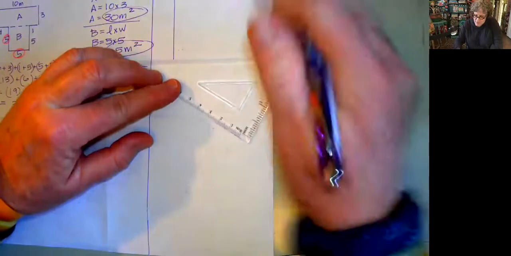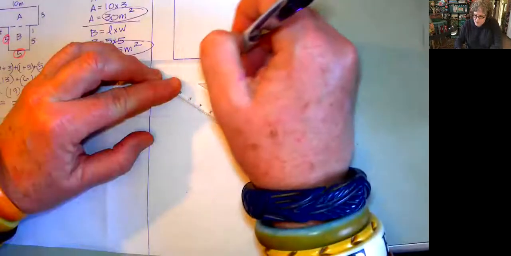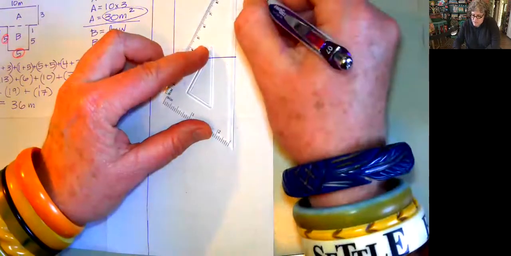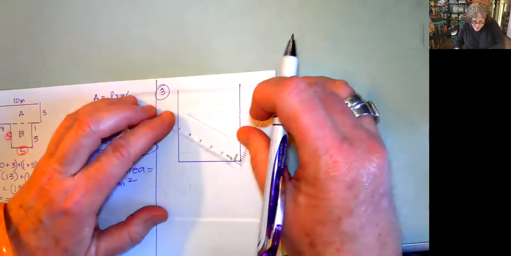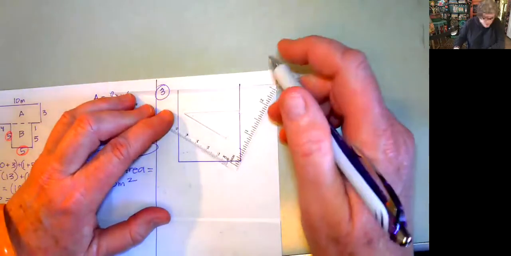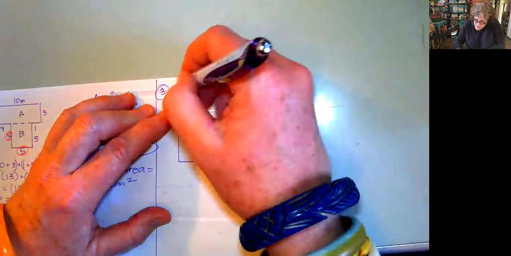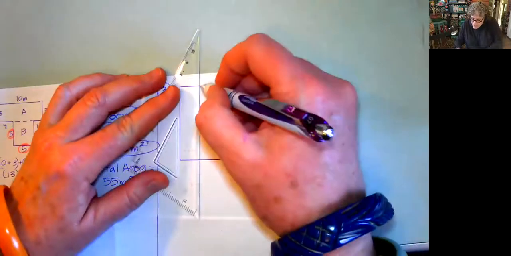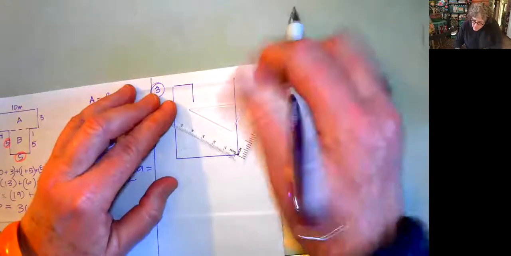I'm careful not to draw it too big because I want to leave enough room to do the work. So I'm going to draw it up here, and the chomp doesn't look like a square, but these have the same length.